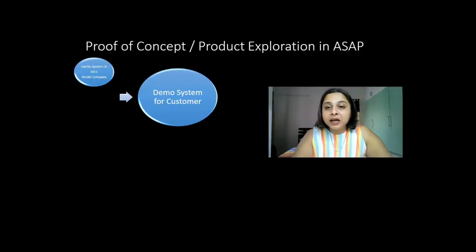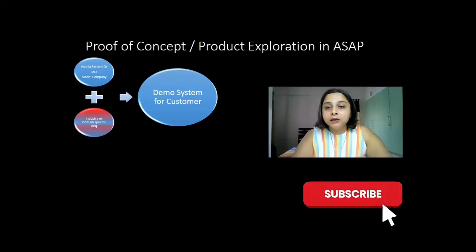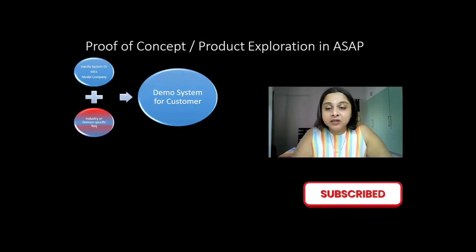Again, as we discussed, IDES is a model company which implements a manufacturing company setup. Whereas in case of industry specific customers, like the semiconductor industry, pharma industry, or auto industry, their processes had to be implemented on top of this IDES system or the vanilla system to showcase it to the customers.